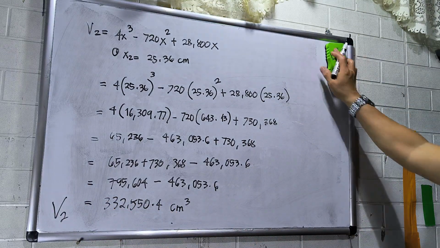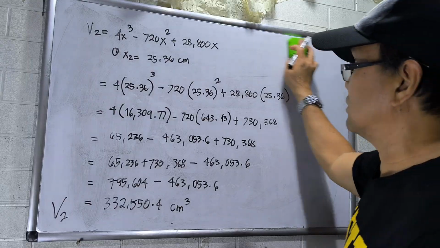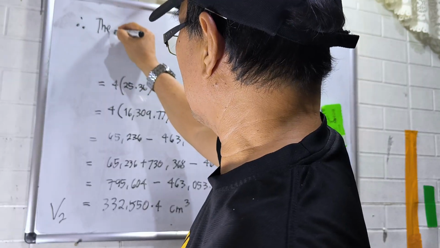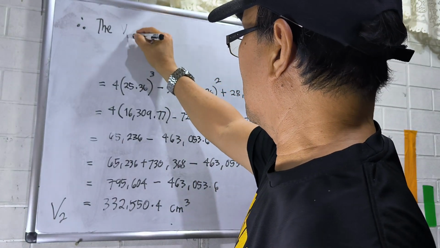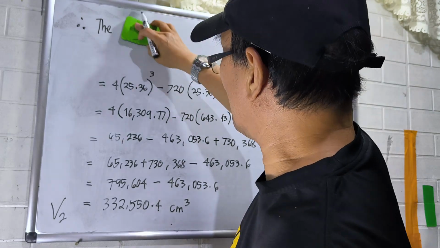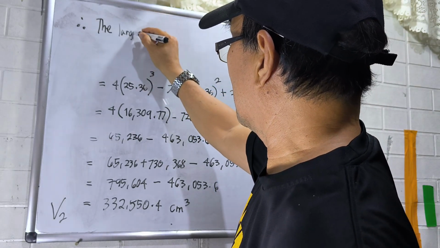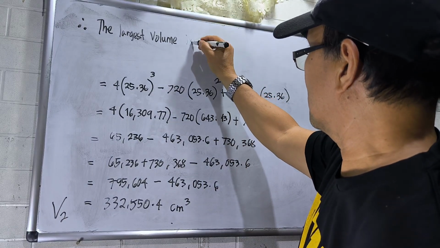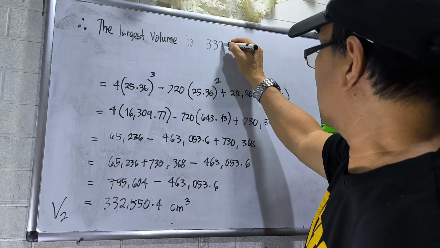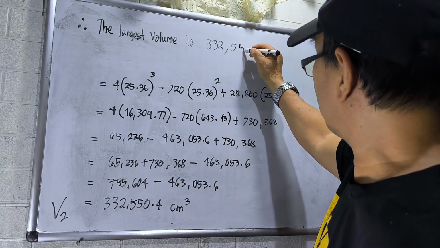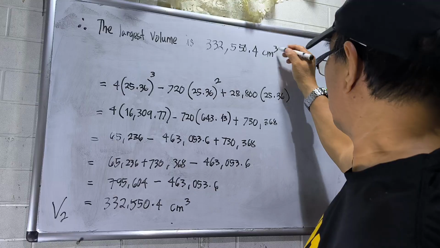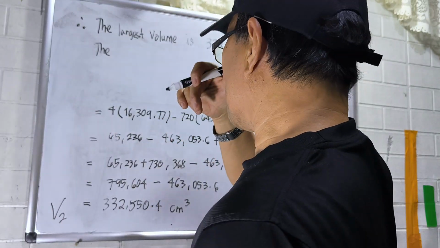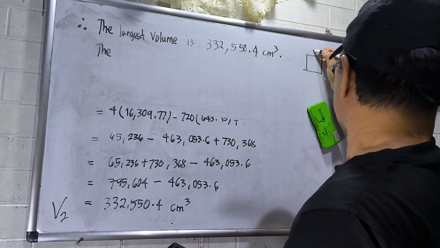Okay? So therefore, the largest volume is 332,550.4 cubic centimeters. And then the dimension of the square we cut, this one will be x.